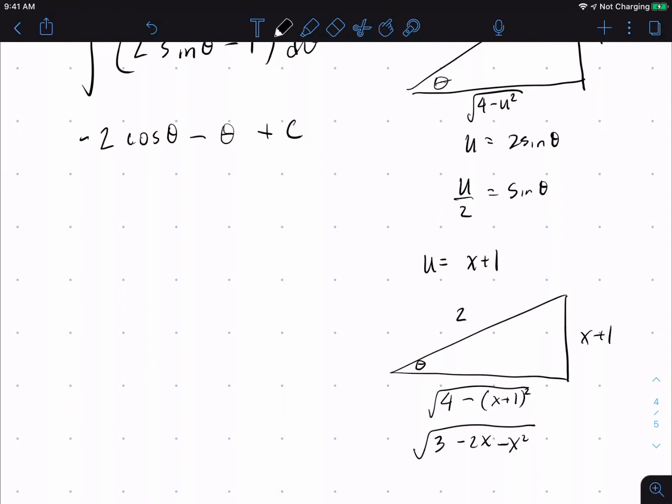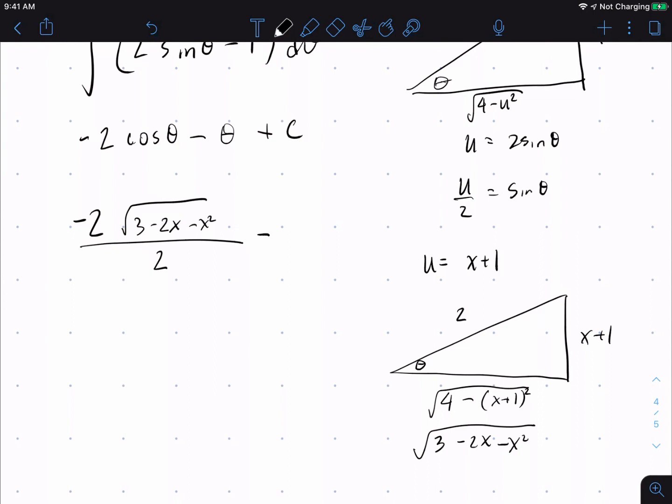So from here, I'm going to have a negative 2. Cosine theta is adjacent over hypotenuse, correct? Okay, so adjacent is going to be square root of 3 minus 2x minus x squared over 2, right? Minus, we need to know theta.